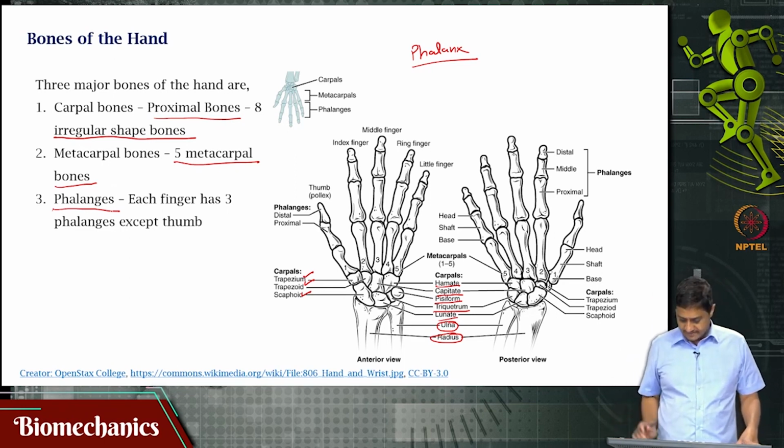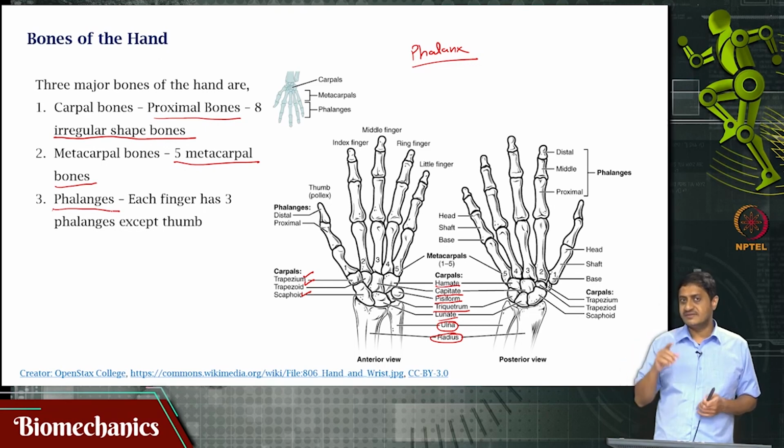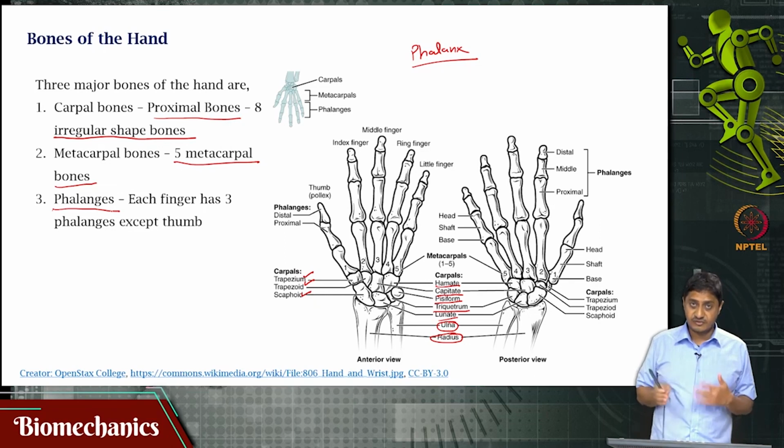That is not counting the special nature of the thumb, which we will discuss in future slides, because the nature of the carpo-metacarpal joint for the digits 2, 3, 4, 5, that is, index, middle, ring, little, is very different from the nature of the carpo-metacarpal joint for the thumb. The first digit is the thumb.